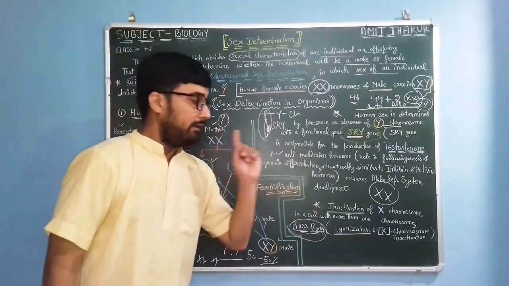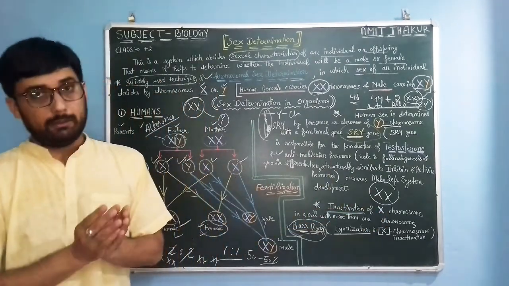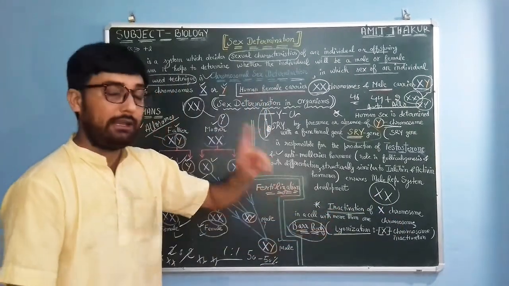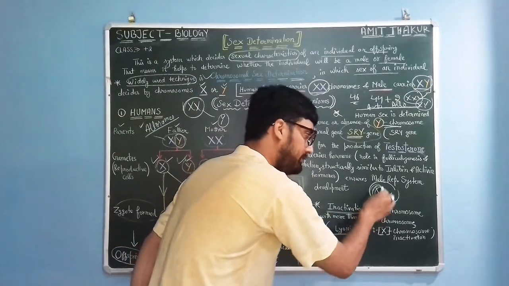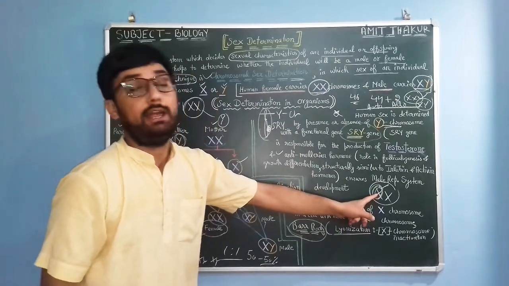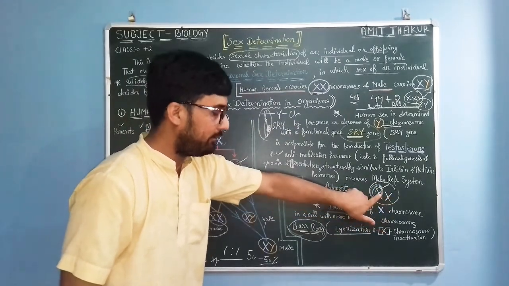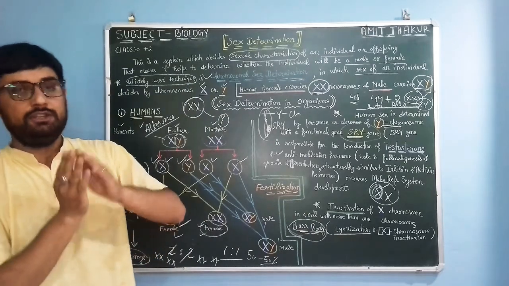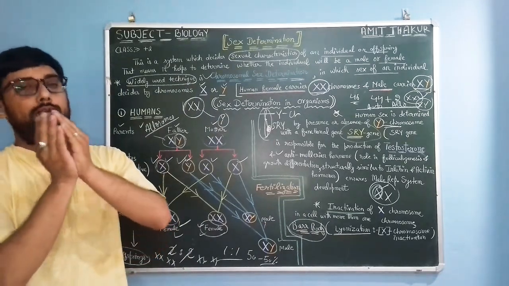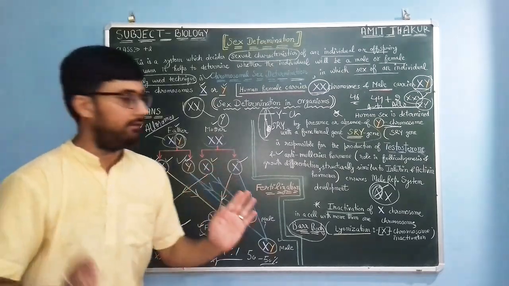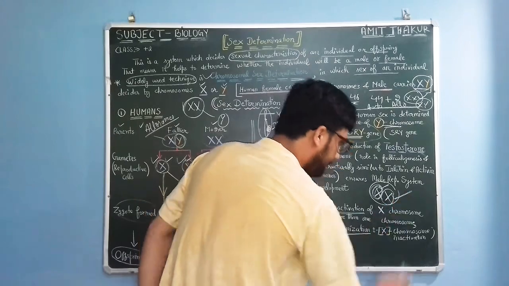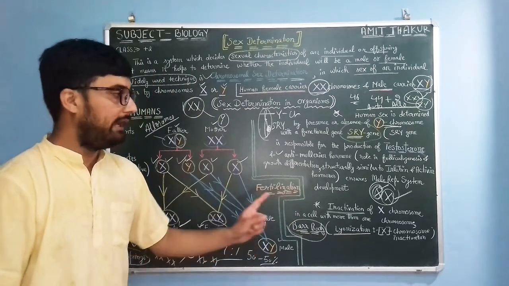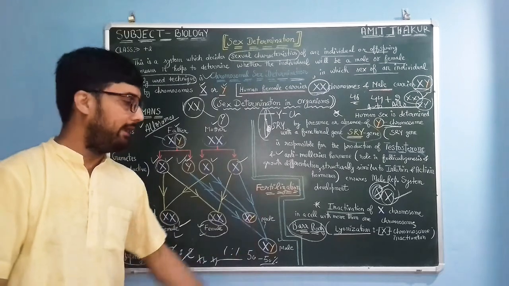If there is more than one X chromosome in a pair, अगर कहीं पे जैसे in case of females में क्या होता है, there are two X chromosomes, so inactivation, इनमें से एक ही inactivation हो जाएगी, transcriptionally it would become inactive. यानी इन दो X chromosomes में से एक X chromosome जो है वो inactive हो जाएगा, ये कोई अपना एक्सप्रेशन शो नहीं करेगा, बिल्कुल ये इनएक्टिव हो जाएगा. इसके ऊपर जितने भी जीन्स होंगे वो सारे के सारे इनएक्टिव, उनका कोई प्रोडक्ट नहीं बनेगा, वो कोई भी एंजाइम्स नहीं बनाएंगे, no interference, only one would remain active. So inactivation of one X chromosome is known as, that inactivated X chromosome is known as bar body.